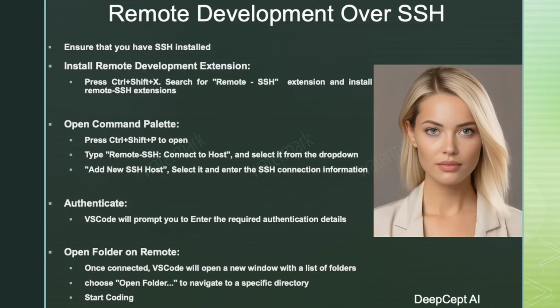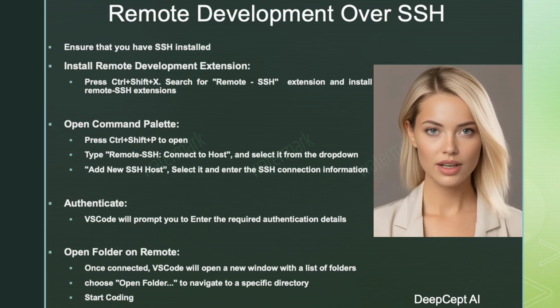To set up remote development over SSH in Visual Studio Code, VS Code, first ensure that both VS Code and SSH are installed on your local machine and the remote server you want to connect to. Then, install the Remote SSH extension in VS Code by navigating to the Extensions view and searching for it.